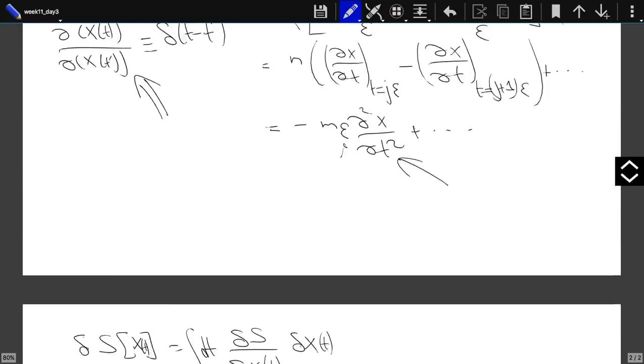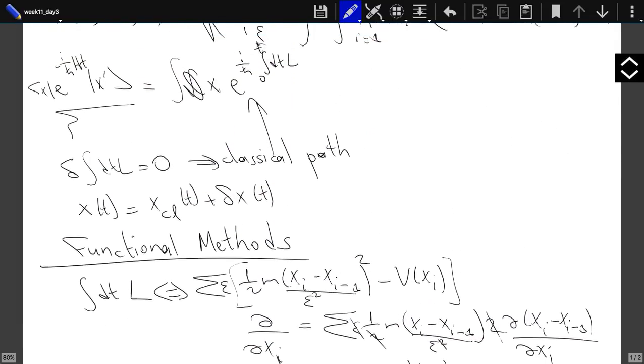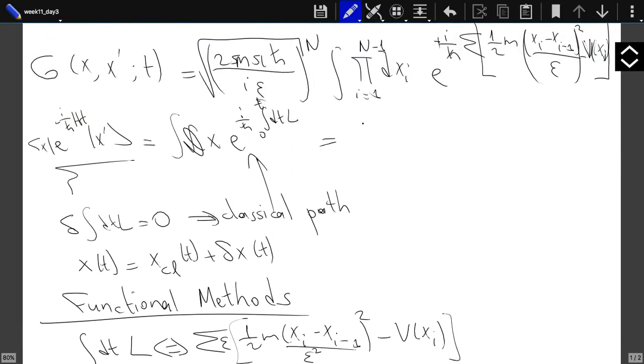Now let's see. Here we had the path integral, which we could also write as dx e to the power i over h bar S of x. Now we know that the dominant contribution, in most cases, should be from the classical path.